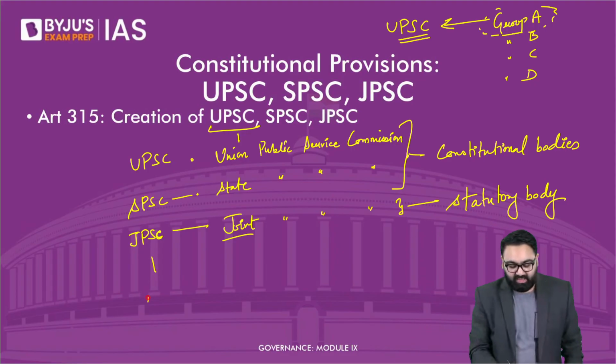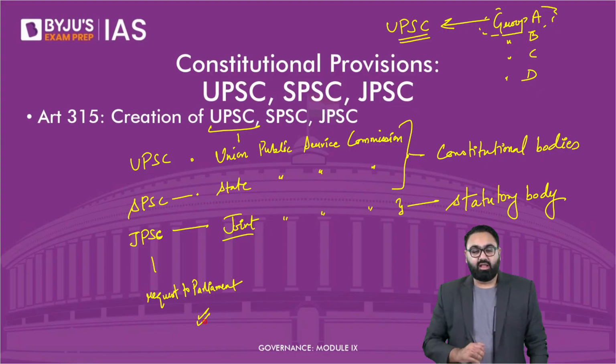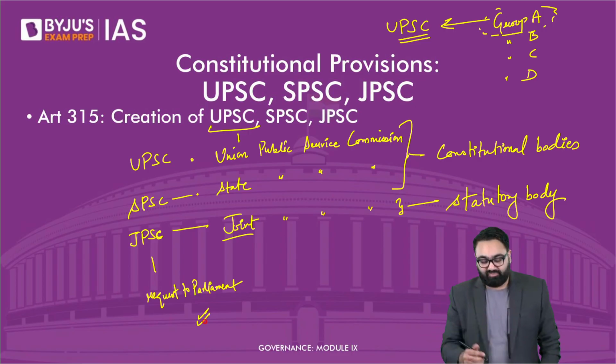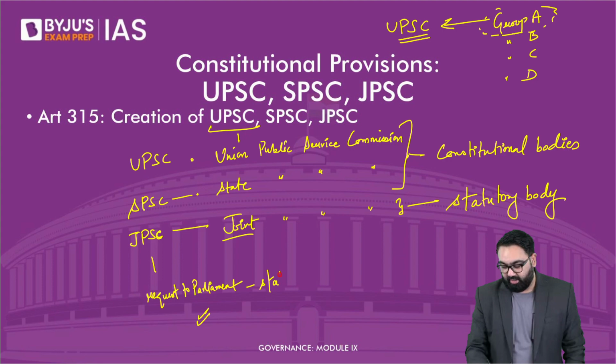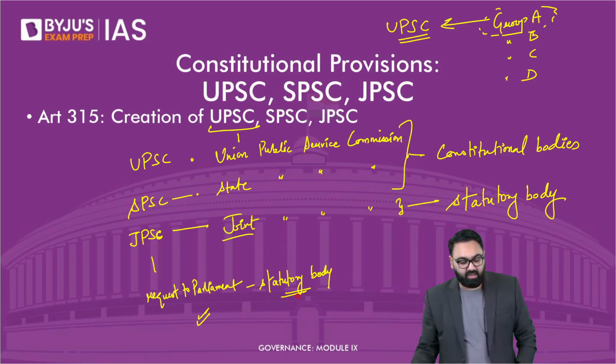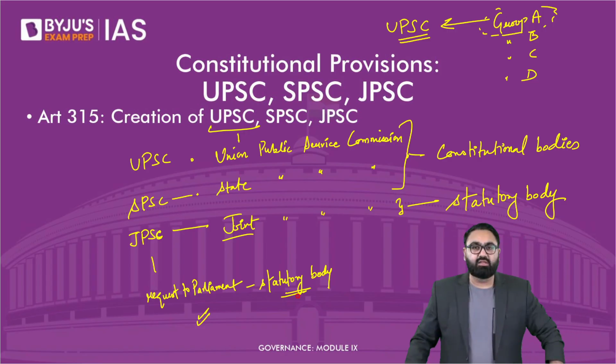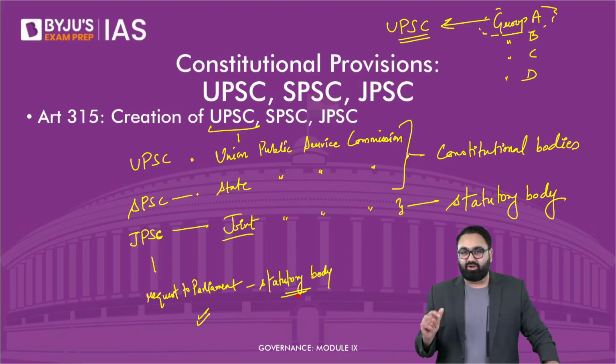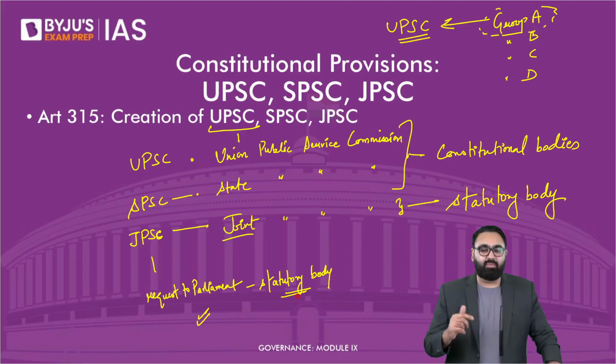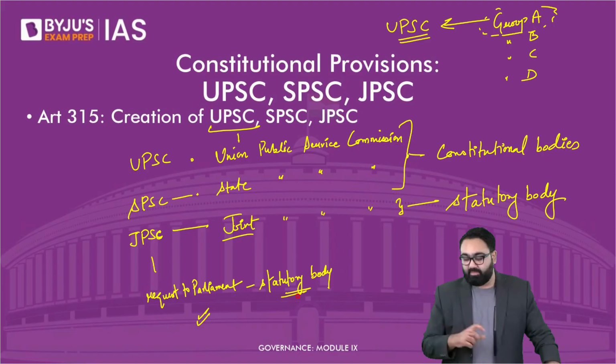The parliament can pass a law, and that is how this is created. This is why it is called a statutory body. Again, a statutory body means a body that has been created by an act of the parliament. So if a joint public service commission is created, it will be a statutory body.